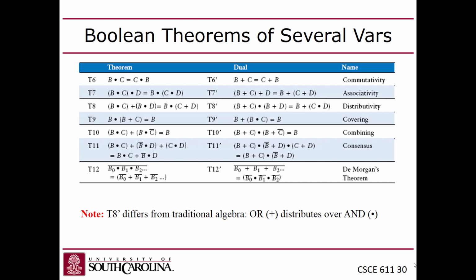So that is equivalent to just saying B and C, which is this overlap area. So that would cover this part, and not B and D, which is this part. So it's consistent. That makes sense?